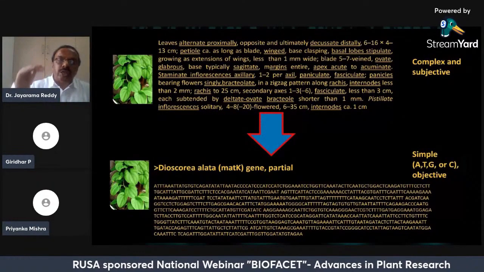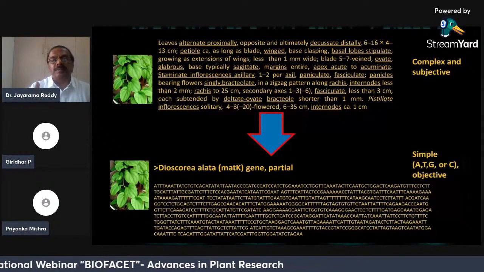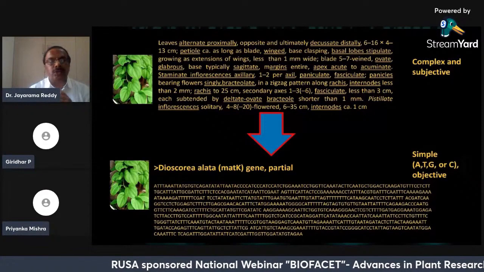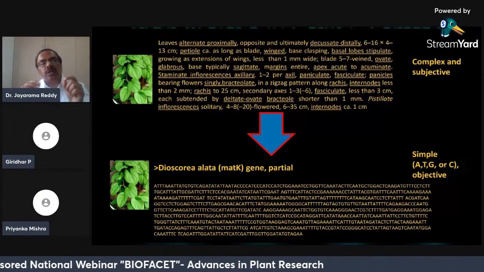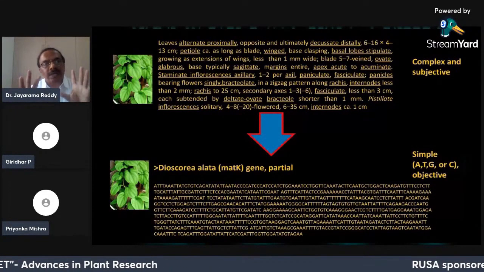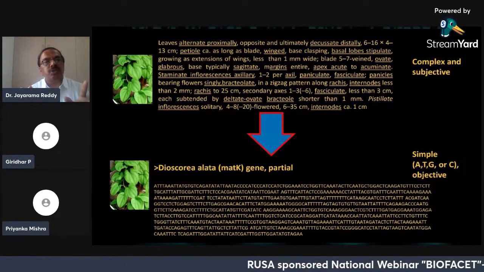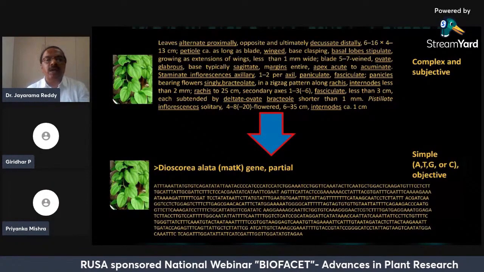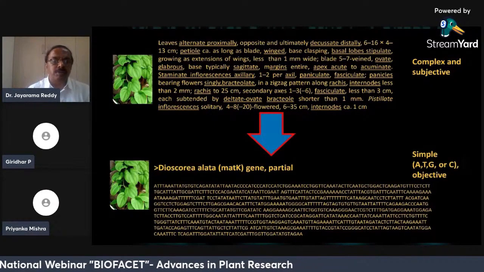So the traditional taxonomic method of identification of the plant is complex and subjective. DNA barcoding technology is simple and objective. That is the comparison between our traditional method of identification of the plant and the plant DNA barcoding method, which is the advanced technology, which is going to be the future of identification of the plant.